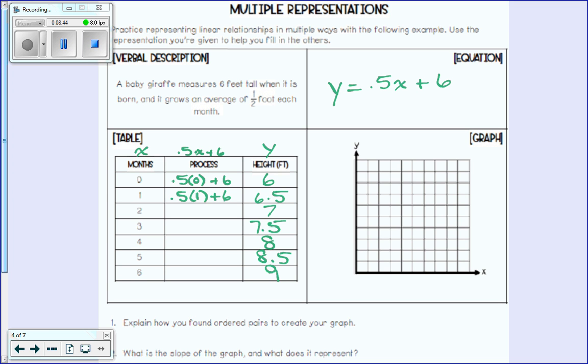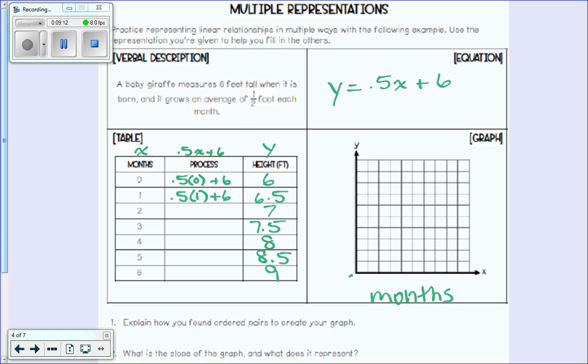Okay. Now we have ordered pairs, right? 0, 6, 1, 6.5, 2, 7. So with those ordered pairs, can we create a graph to represent this situation? Absolutely. Let's label what represents our x-axis? Good, months.